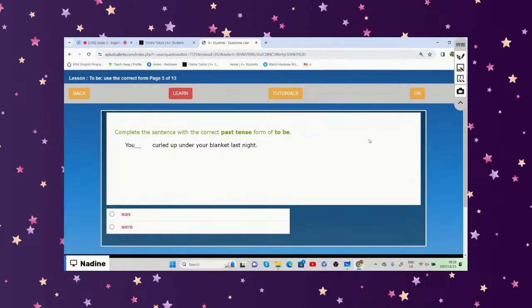Now we need to complete the sentence with the correct past tense form of the verb to be.